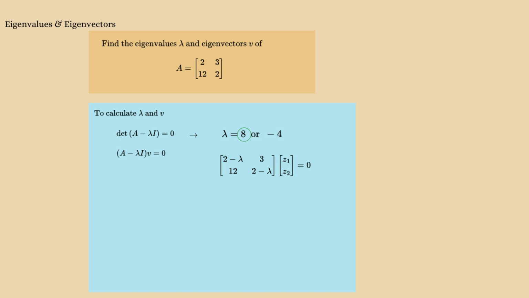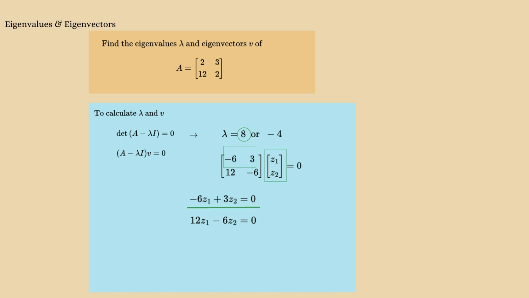Firstly, we assume our lambda equals 8, so that we can replace lambda by 8. After the replacement, our A minus lambda I becomes [negative 6, 3; 12, negative 6]. In order to solve this equation, we have to perform the matrix algebra.